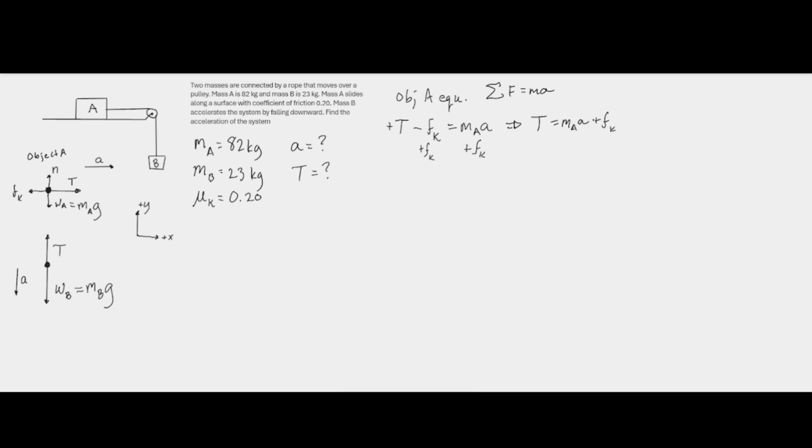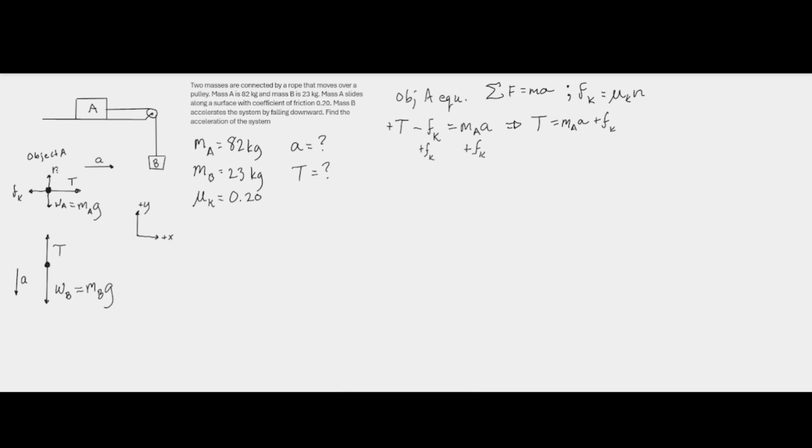And now, what is the force of kinetic friction? We have to think back: what is our formula for the force of kinetic friction? The force of kinetic friction is equal to the coefficient of kinetic friction times the normal force. So we have to think, well, what is the normal force equal to?